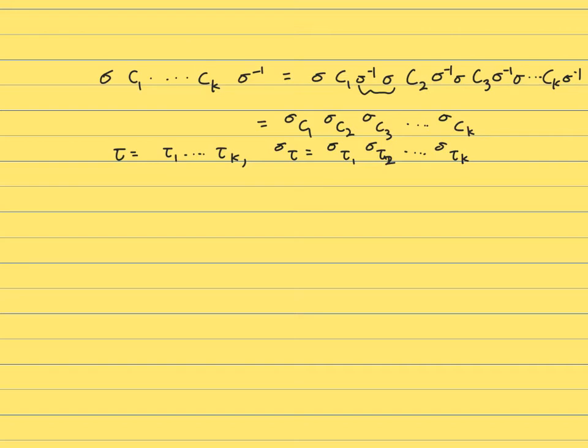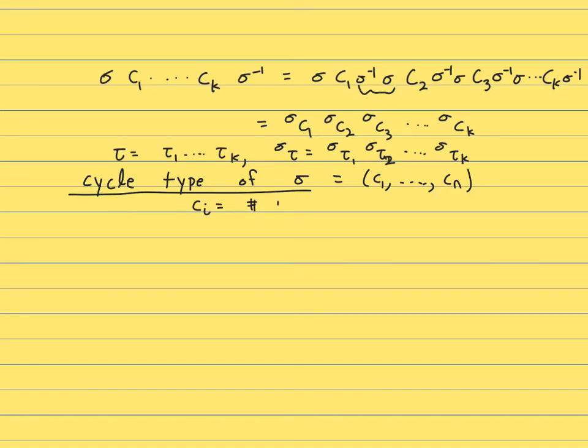So in particular, what you see is that the cycle lengths that appear are the same. This is an important definition for a permutation. It's called its cycle type. It's an ordered tuple c_1 up to c_n, where c_i is the number of i-cycles, or cycles of length i.